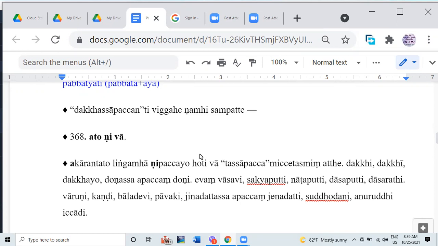Okay. So stem ending in a plus nisa, in the sense of the son of this and that person, sometimes. Nisa is not always added after it, only sometimes.